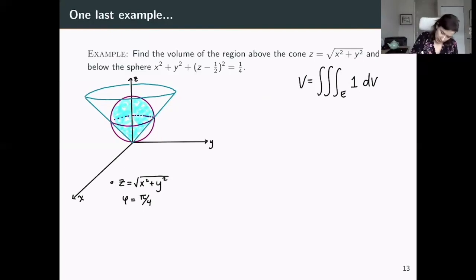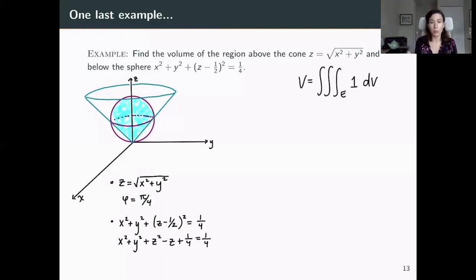For the sphere, here we have x squared plus y squared, plus z minus 1 half squared equals 1 over 4. If we simplify this slightly, I guess this is technically expanding it, we get x squared plus y squared plus z squared minus z plus 1 over 4 equal to 1 over 4.